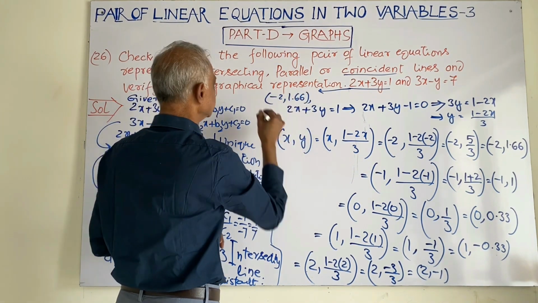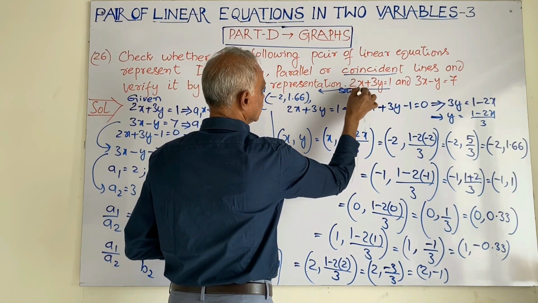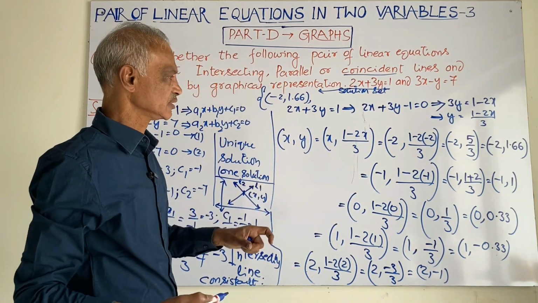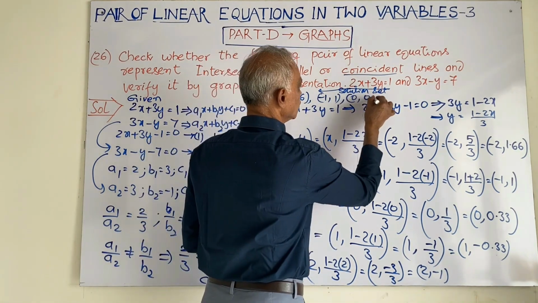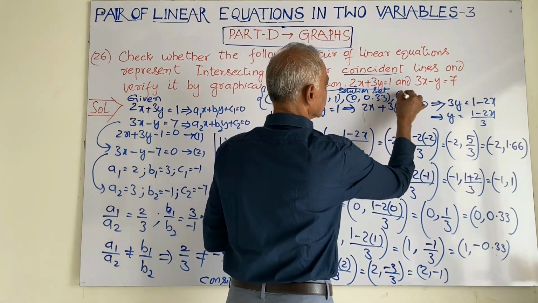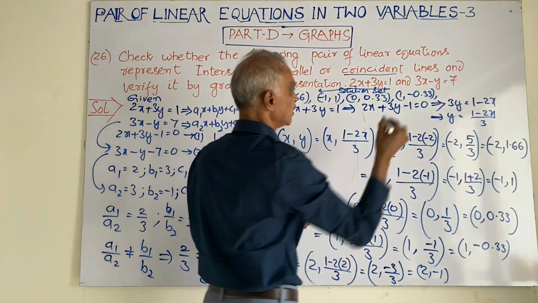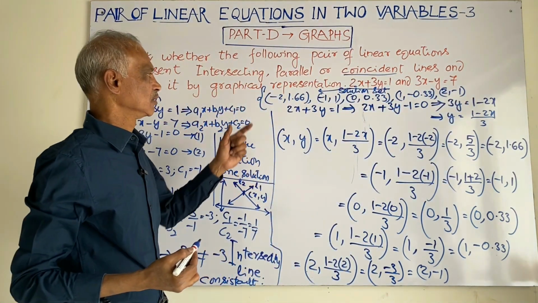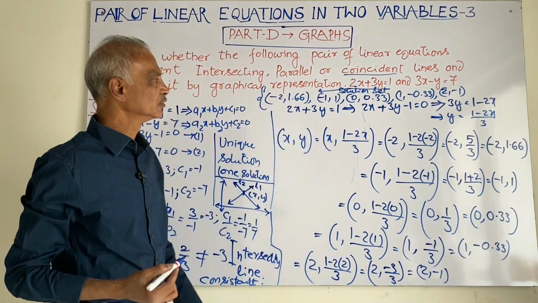Solution set: minus 2, 1.66; minus 1, 1; 0, 0.33; 1, minus 0.33; 2, minus 1. These are the points, the solution set of 2x plus 3y is equal to 1.